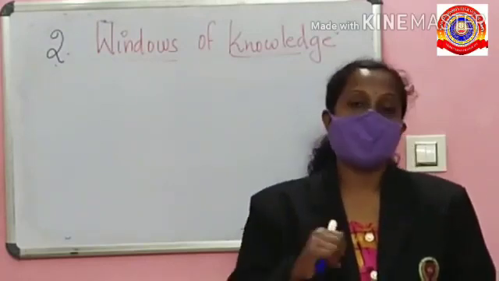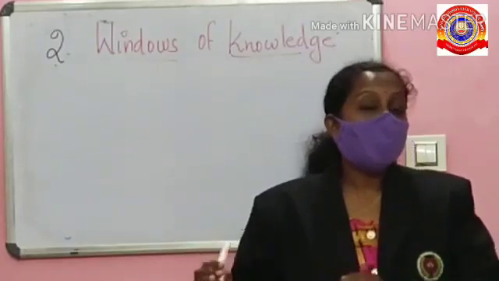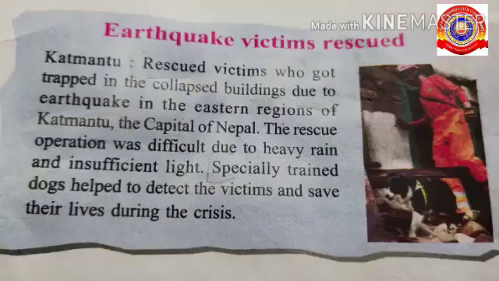Let's have a look. In the front page of this chapter, you can see a paper cutting. The heading is Earthquake Victims Rescued, and this incident took place in Nepal.